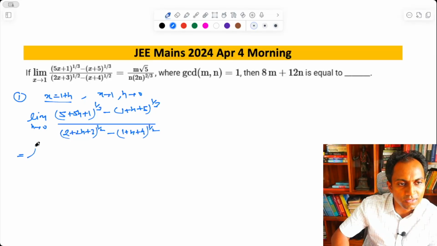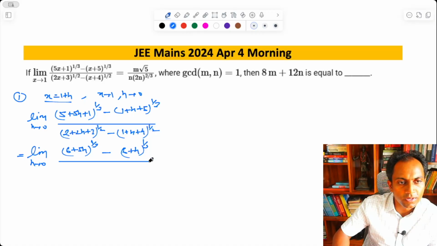If you simplify this, limit h tends to 0, 6 plus 5h raised to the power 1 by 3, this becomes 6 plus h raised to the power 1 by 3. The denominator becomes 5 plus 2h raised to the power 1 by 2, and then the next part becomes minus of 1 plus 2h, 5 plus h raised to the power 1 by 2.